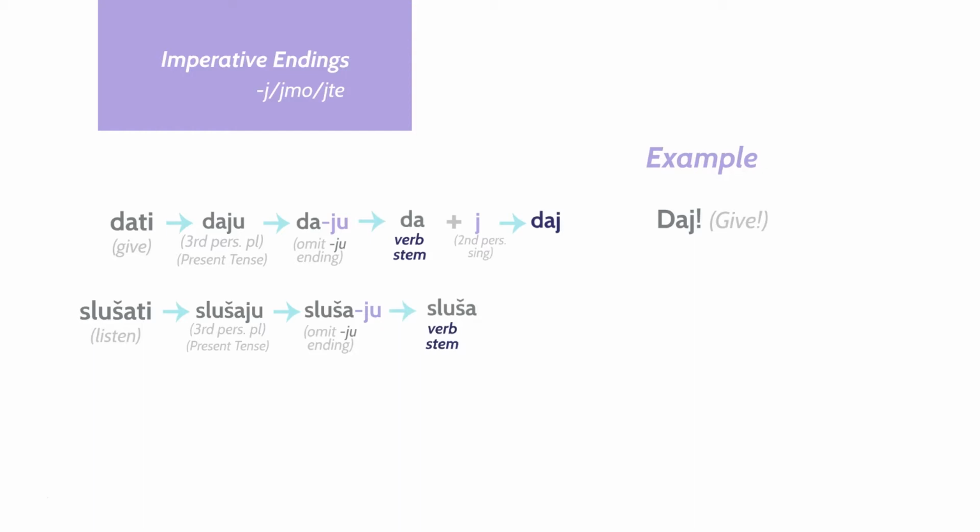To this we add the imperative ending j. Slušaj, which is imperative for second person singular. Slušaj sada is how you would say listen now, meaning you listen now.